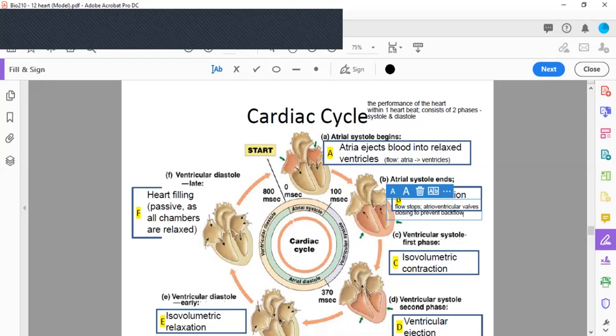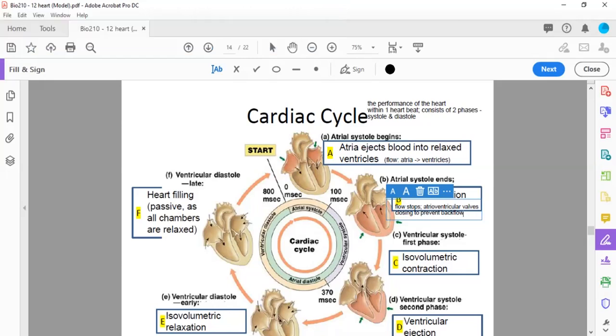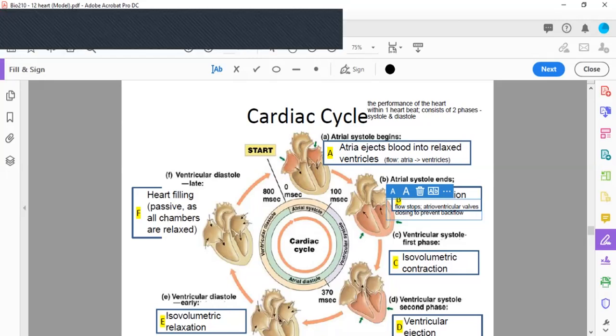C, ventricular systole, first phase. This first phase is called isovolumetric contraction. Look at C, isovolumetric contraction.